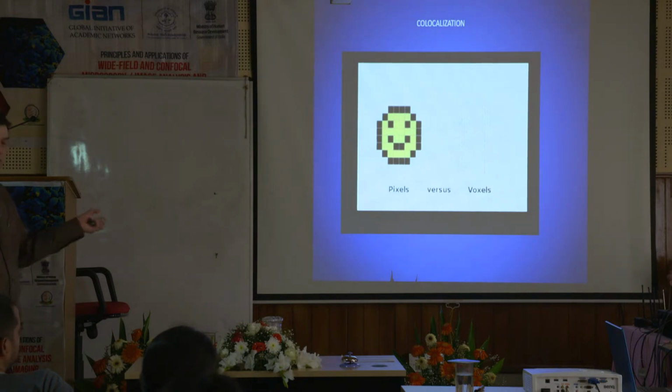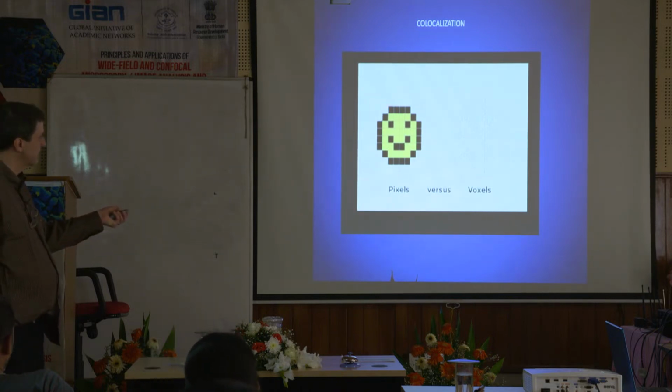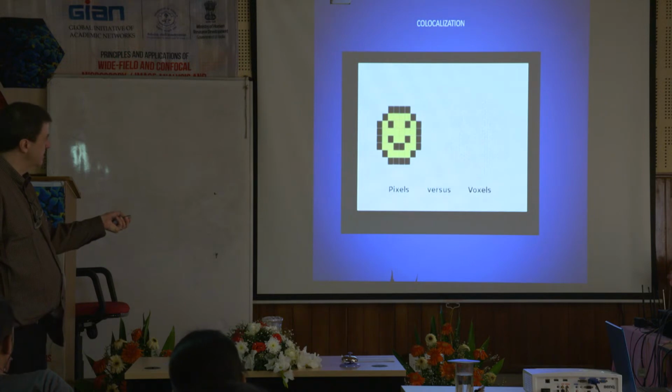Yesterday we talked about pixels, the little tiny squares in your phone, where your phone has 5 megapixels or 6 megapixels or whatever they're up to these days. Here, because we're working in 3D, it's not 2D, it's like little cubes. So instead of calling them pixels, now we call them voxels, because they're little 3D cubes.